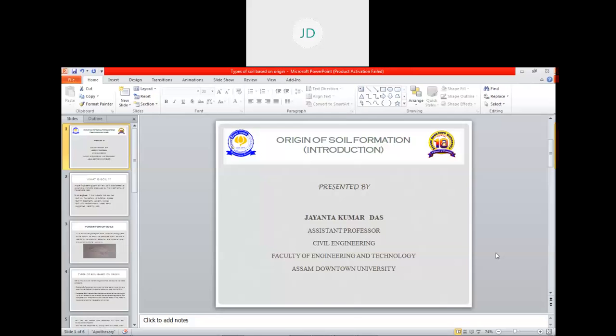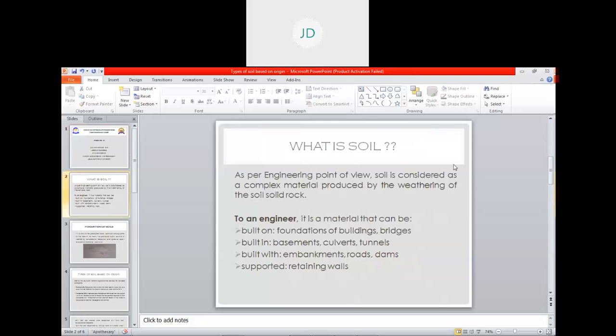Before that, let's discuss what is soil in the basic definition. When you say soil, what comes to your mind? If you are a geologist, soil is a material in the relatively thin zone of Earth's surface within which roots occur.